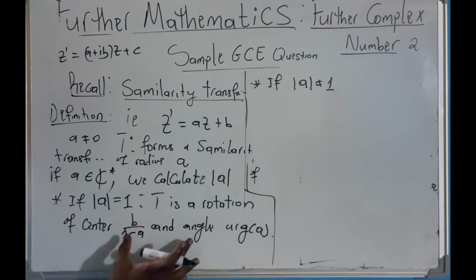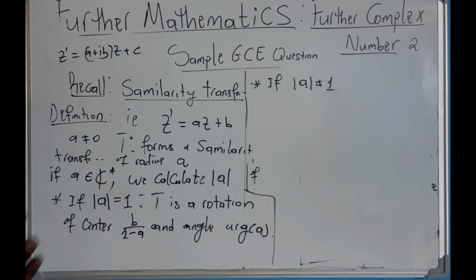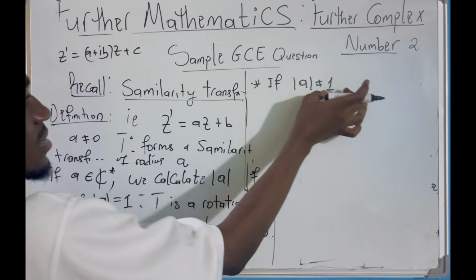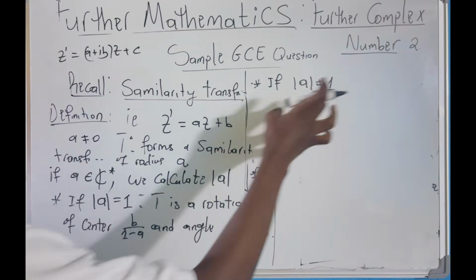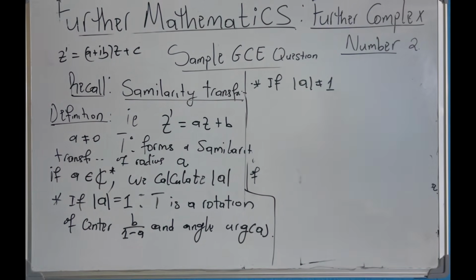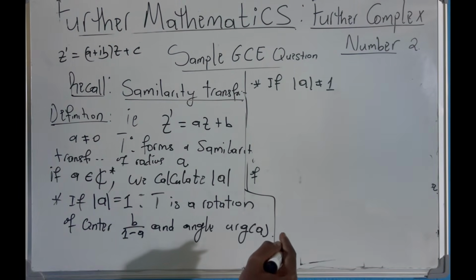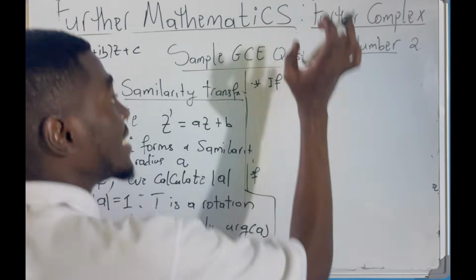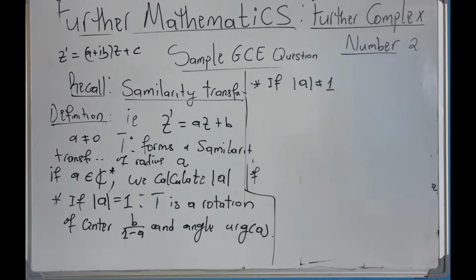Exactly. For rotation, there was no change of the size. I was only rotating my point. But now see here, since the magnitude is different from 1, there will not be only a rotation, there will also be what? A scaling. So anytime the magnitude of A is different from 1, what is the geometrical interpretation?